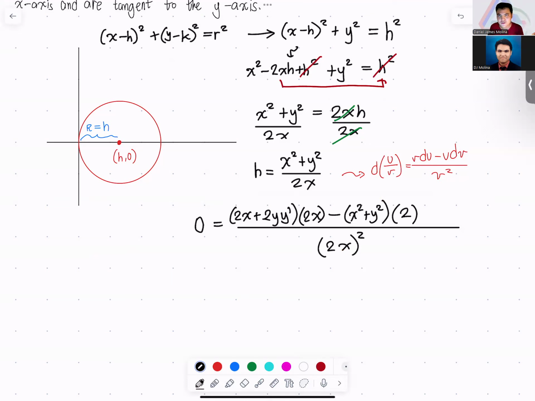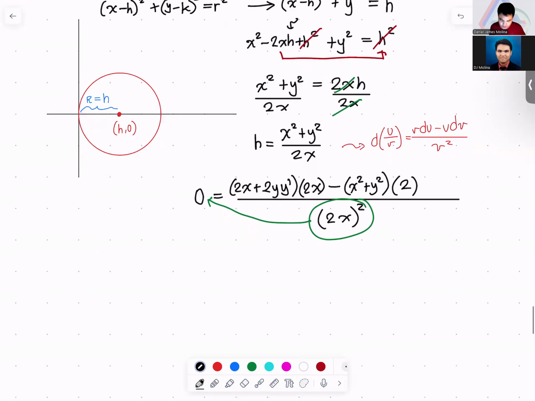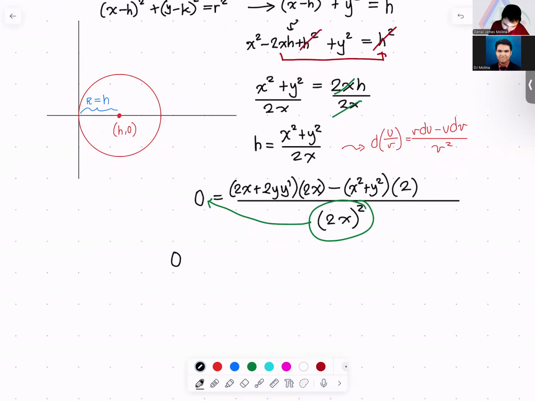But actually it won't matter this time. The denominator won't matter. Why? You can simply multiply that to the left-hand side. The denominator is eliminated. So we have 0 equal to (2x + 2y y') times 2x minus 2 times (x^2 + y^2).